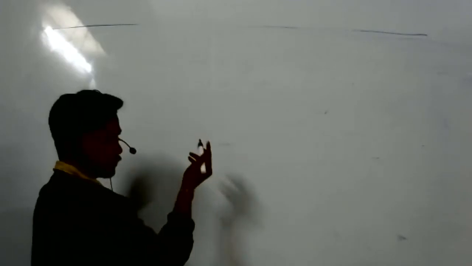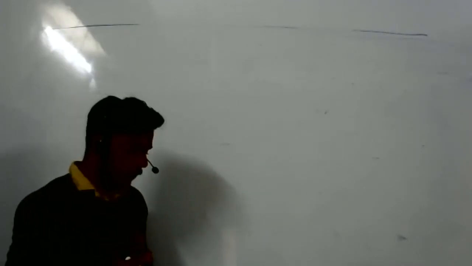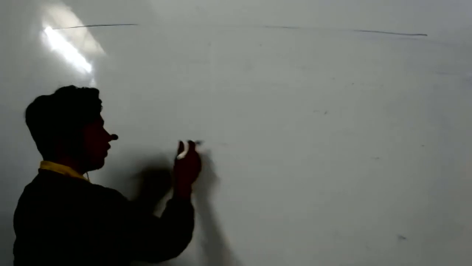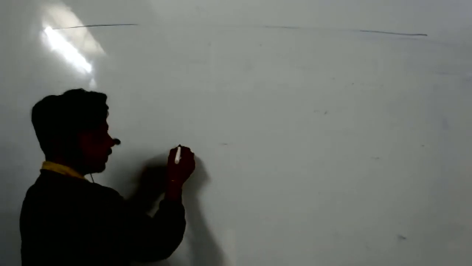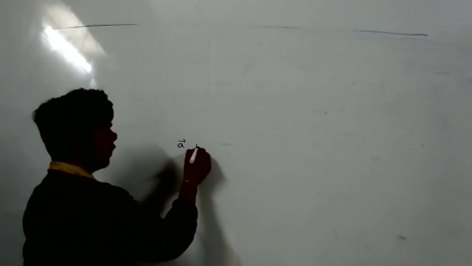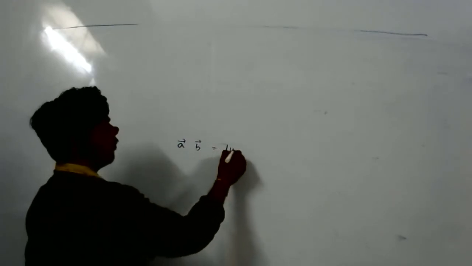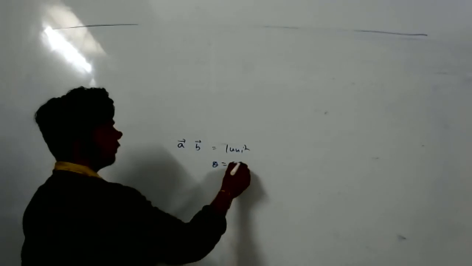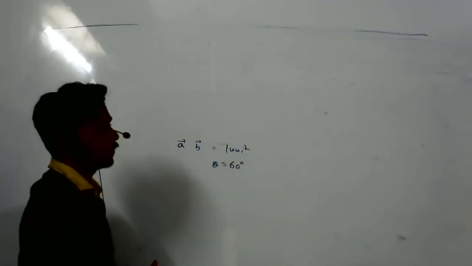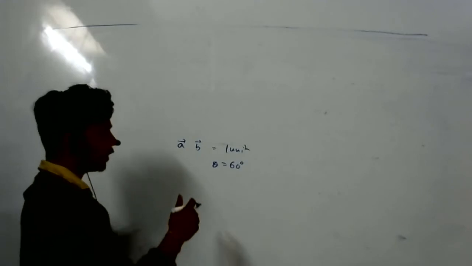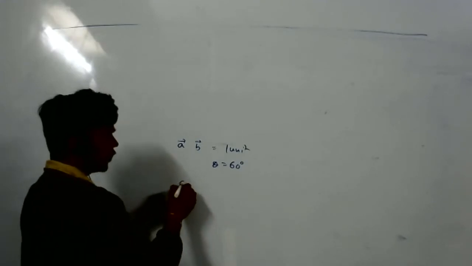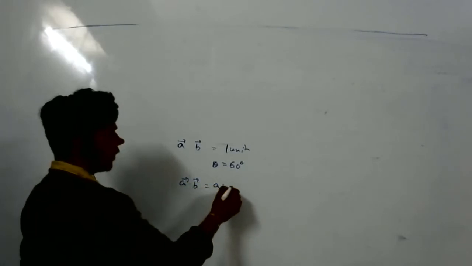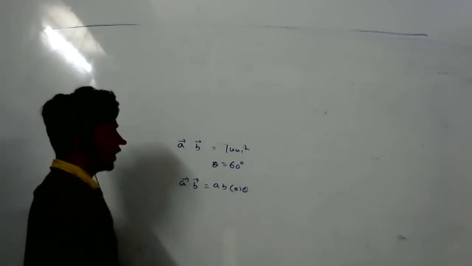A and B are two unit vectors, and they have given theta as 60 degree. So A bar dot B bar is equal to AB cos theta, right?